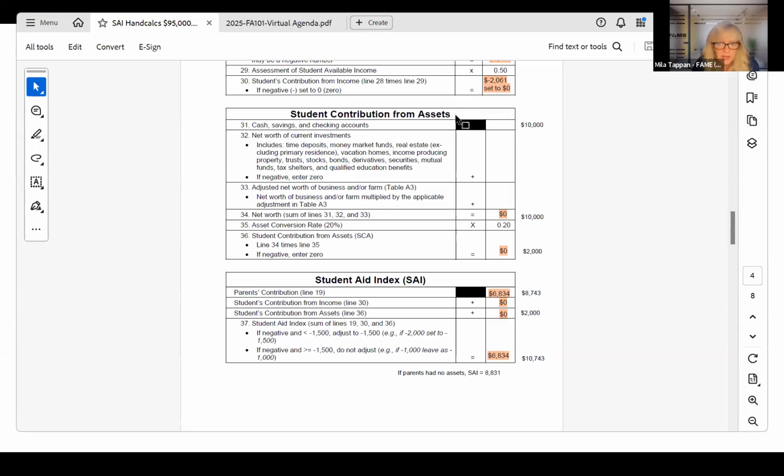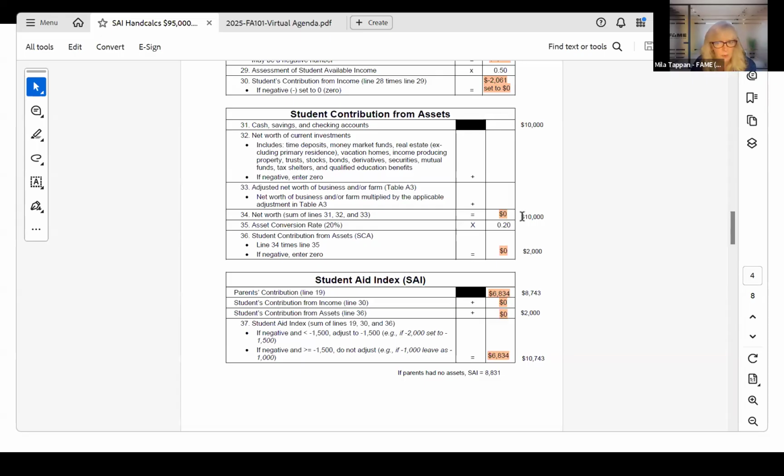Okay. So in this scenario, the student has $10,000 sitting in their savings account. So we're going to take their $10,000 here on the side and bring that down. They have a net worth of $10,000.